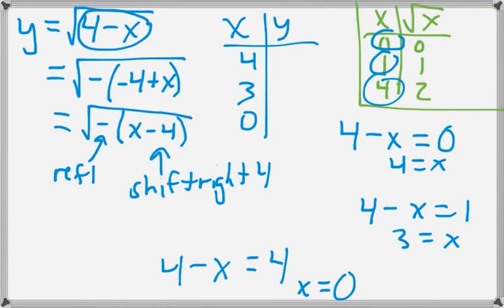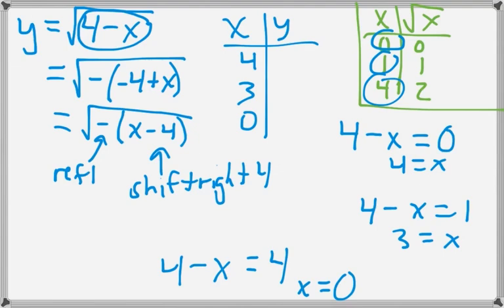So notice how I'm matching them up. The 0 became a 4 because when we set it equal to 0, we got an x value of 4. When we set it equal to 1, we got 3, so that's why the second point has the 3. Now, there's nothing happening in the equation on the outside of the square root, right? Everything was inside the square root. So the y column is going to stay the same.